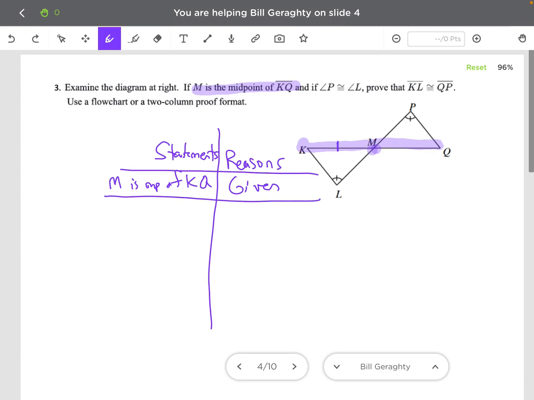What I can draw out from that is that KM is then equal to MQ. And the reason I know that is because of the definition of midpoint. You can also explain that, if a point is a midpoint, then it cuts that segment into 2 equal segments, then it's right in the middle. However, you can kind of describe that, but that's just the definition of midpoint.